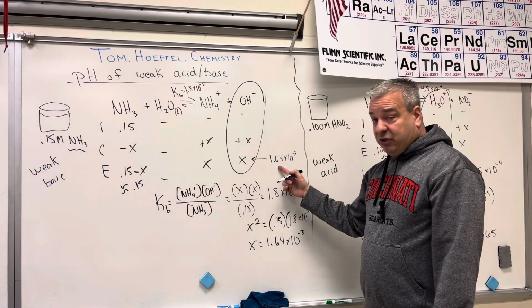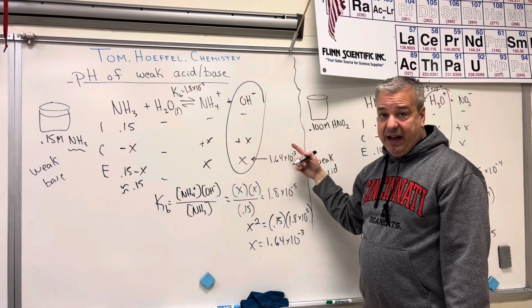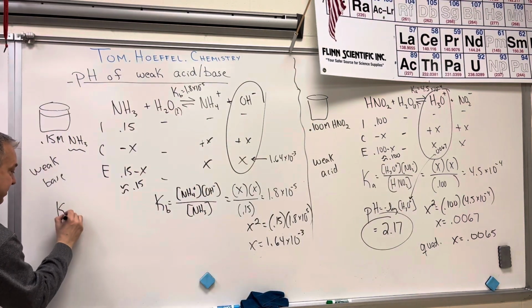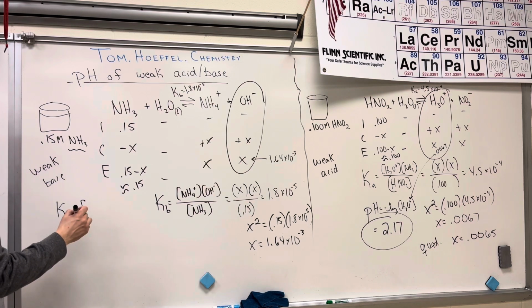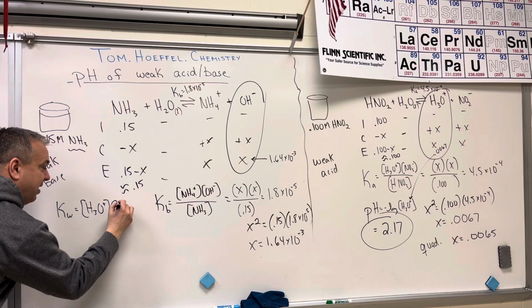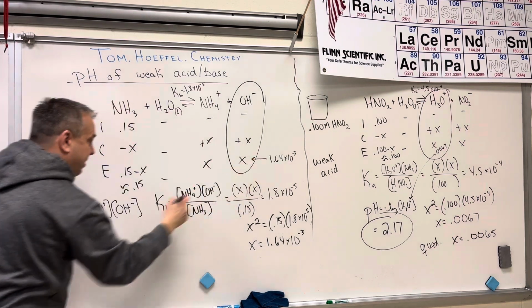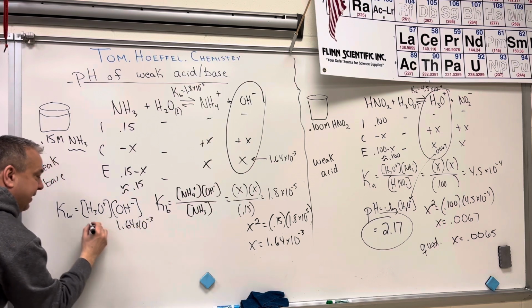Now, there's two ways that I can figure out the pH from the concentration of the hydroxide ions, okay? The way number one is by using this equation that Kw is equal to the concentration of hydronium ions times hydroxide ions, okay? And I'm going to plug that number of 1.64 times 10 to the negative 3 here.